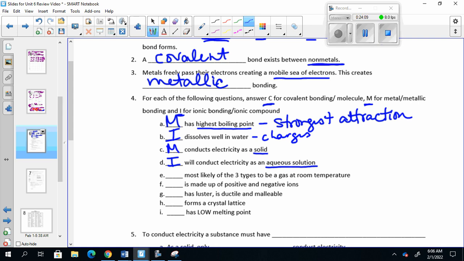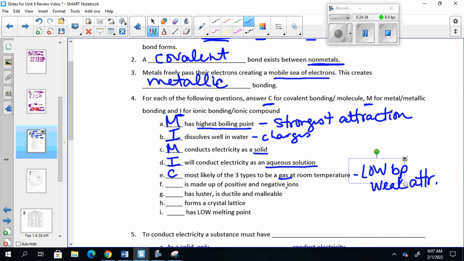All right, most likely of the three types to be a gas at room temperature. A gas has an extremely low boiling point, which means it has really weak attractions to each other. So the weakest of all of these would be covalent. So think of something like carbon dioxide. That's two nonmetals, so it's covalent bonding, and it's a gas at room temperature.